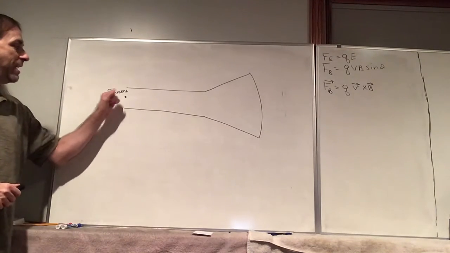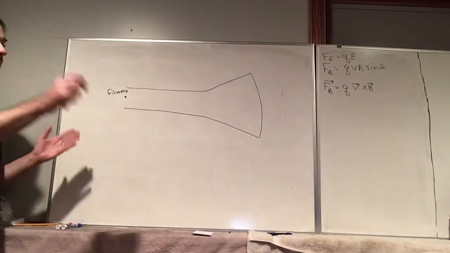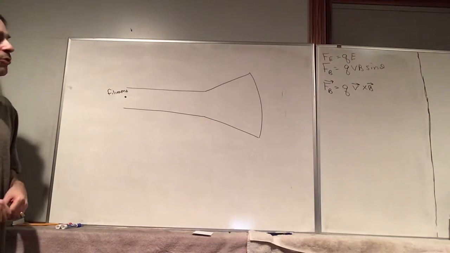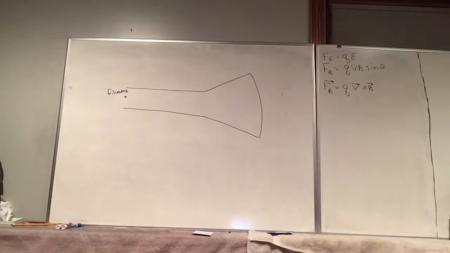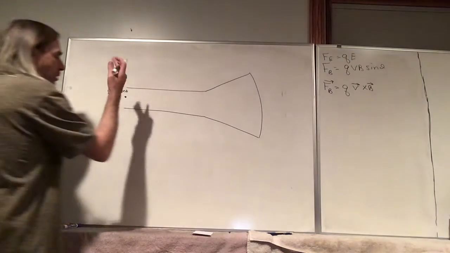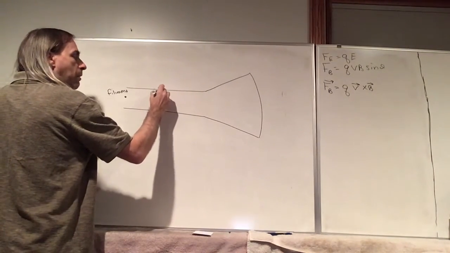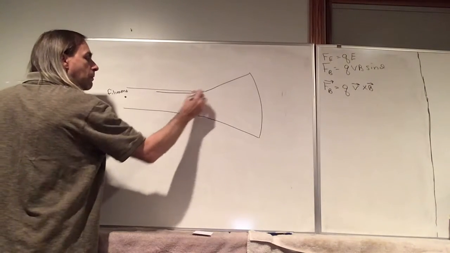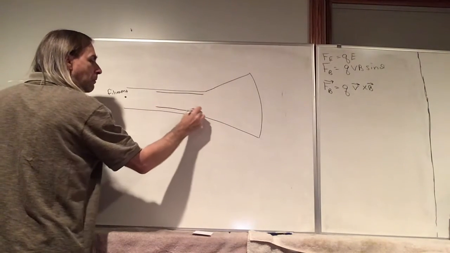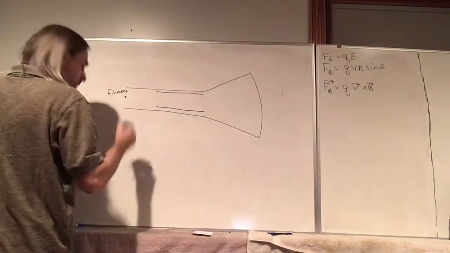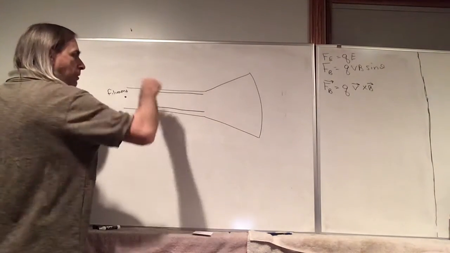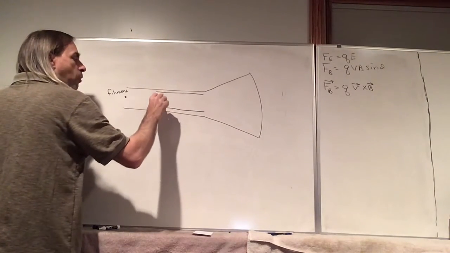So you heat up this filament, and we can cause these charged particles to go shooting off the filament. And let's put a velocity selector here. And let's put the electric field just like before.